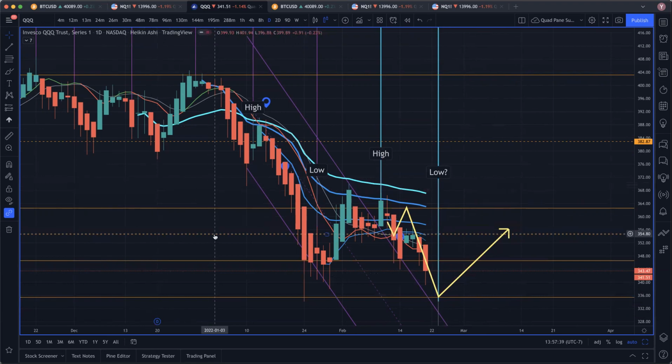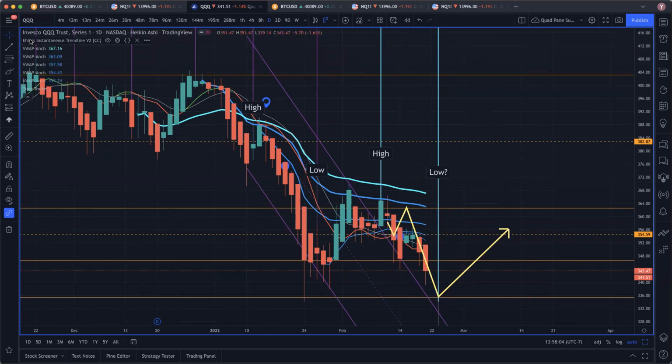Okay, so based on this context, we are anticipating a low here in line with this teal line. The teal lines, again, tend to identify major pivots. So that's something to be aware of. And that's just based on visual inspection of what's happened in prior time cycles.